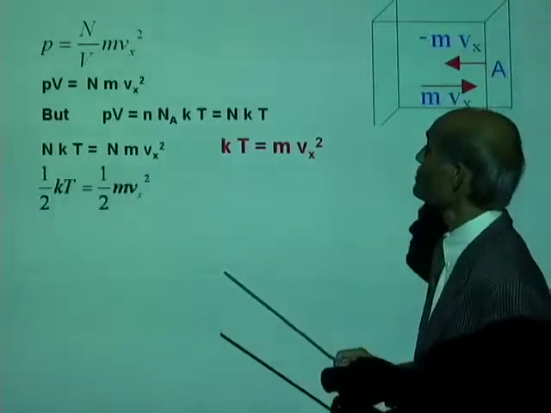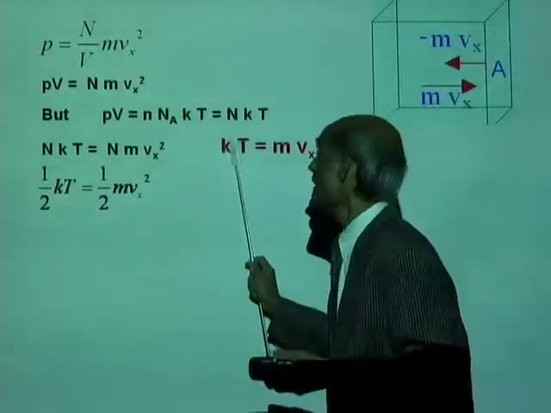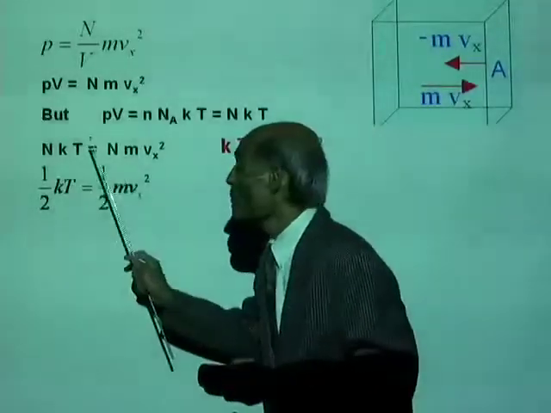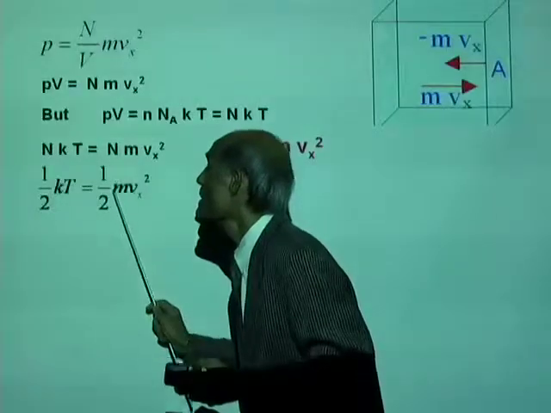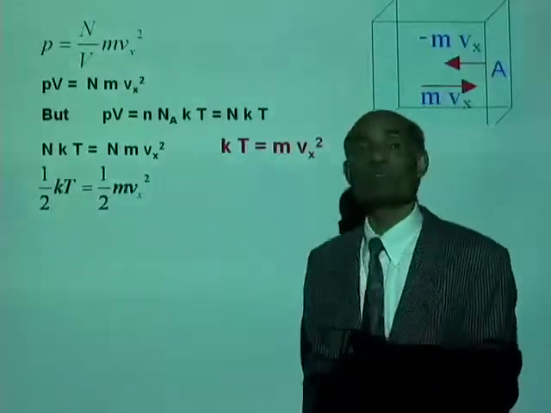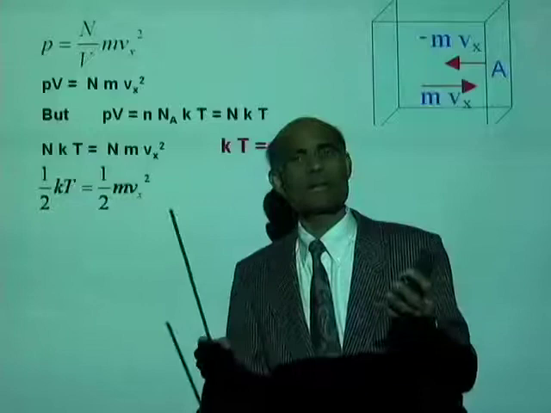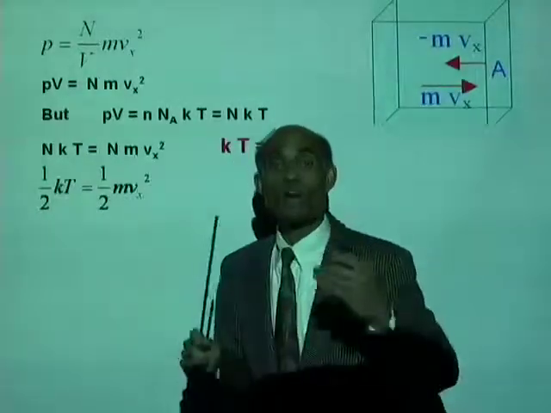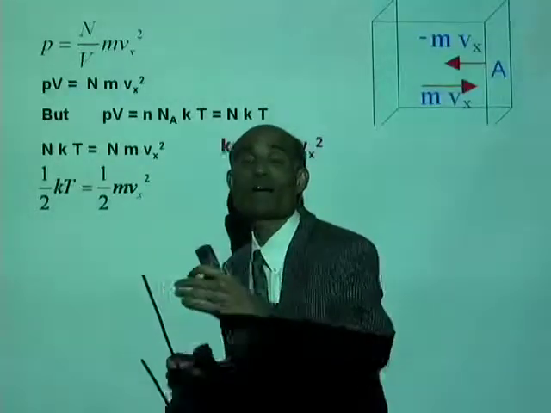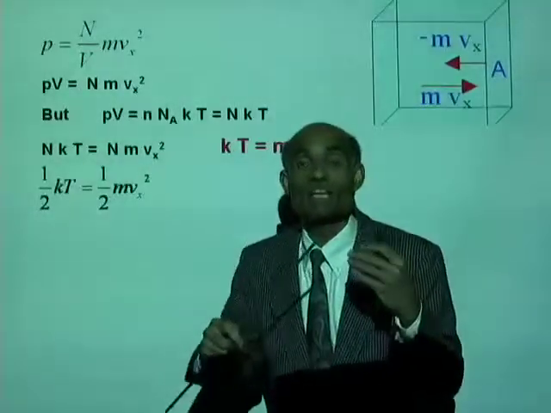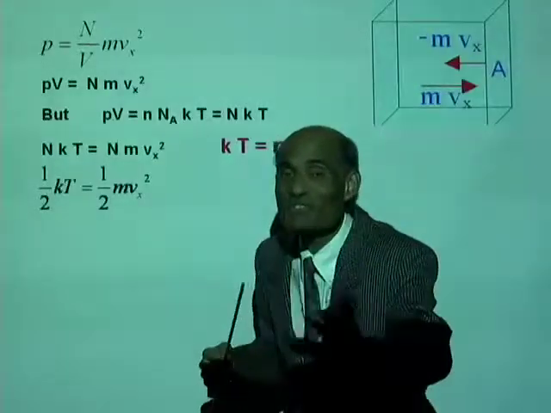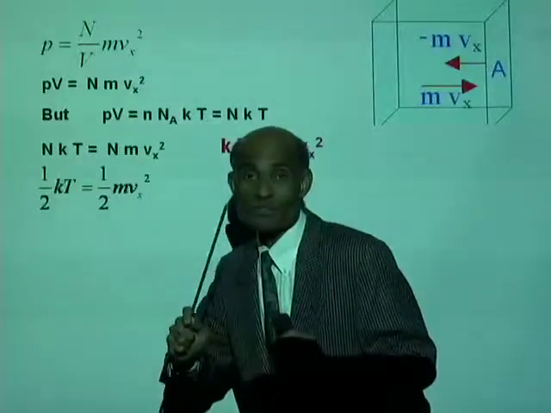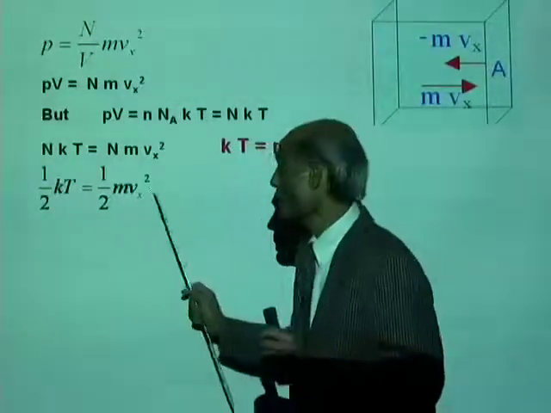That's an important relation. Now, if kT equals m vx squared, then 1/2 kT will be equal to 1/2 m vx squared. Why did I do that? Because we are so familiar with this quantity, 1/2 mv squared. 1/2 mv squared is a measure of the kinetic energy of a molecule. You see, vx stands for the x velocity of the molecule.